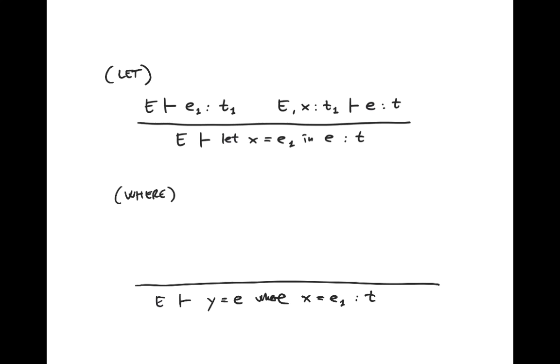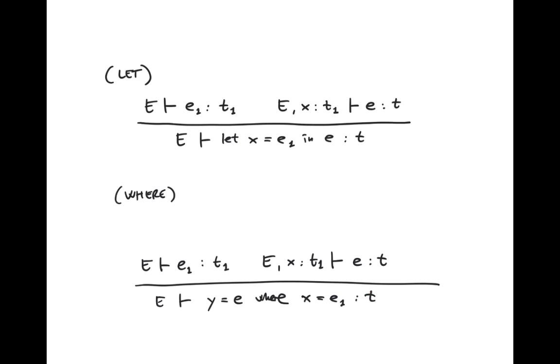Well, to find that, we must find the type of E1, and if that E1 has type T1, then we can type the body of the declaration, now with the added assumption that X has type T1, and if the body E then has type T, then that's the type of the whole declaration.